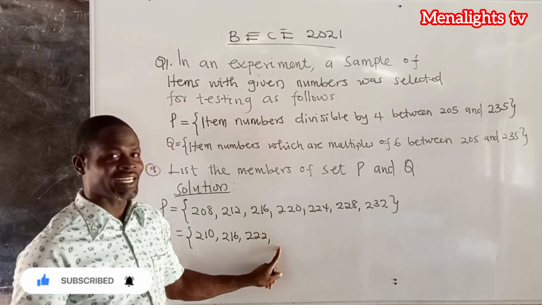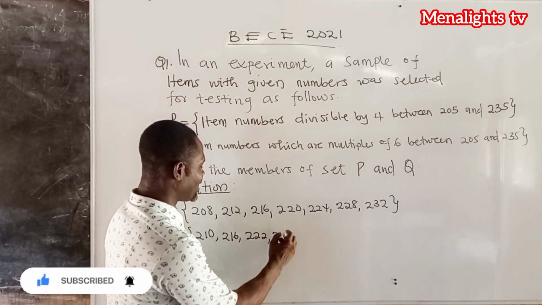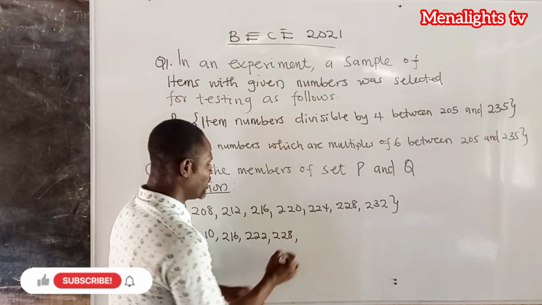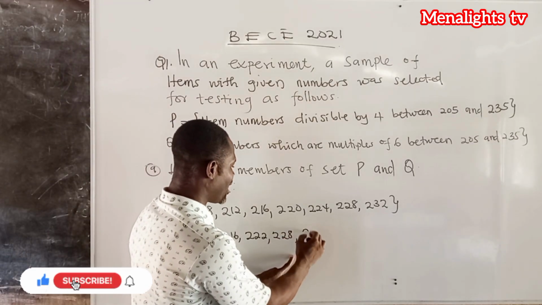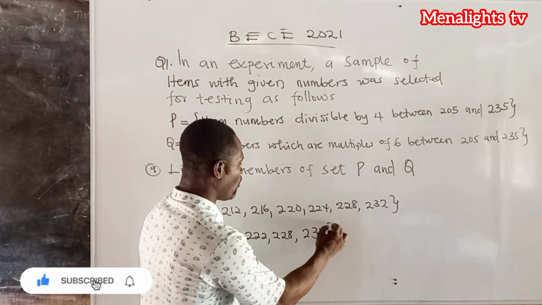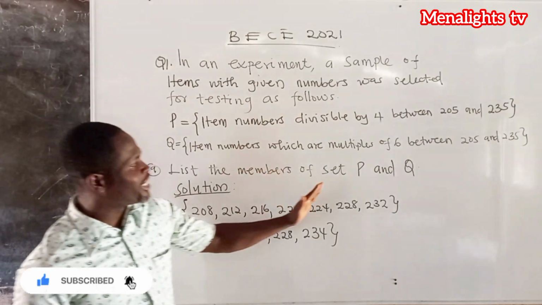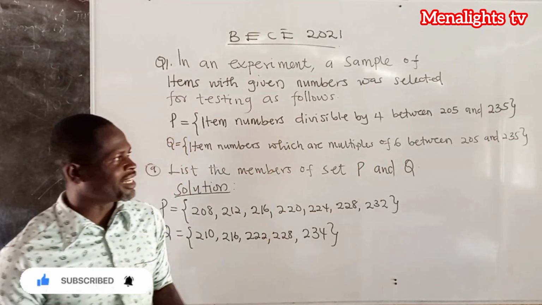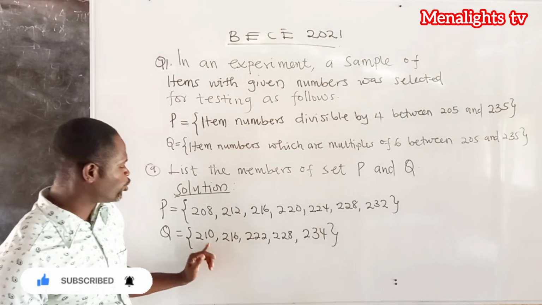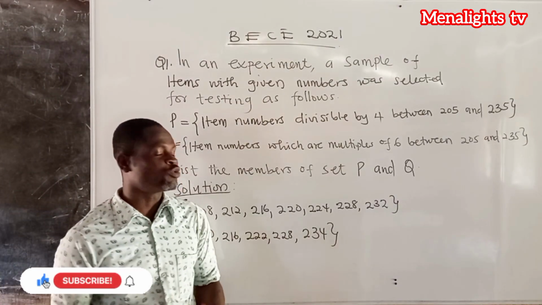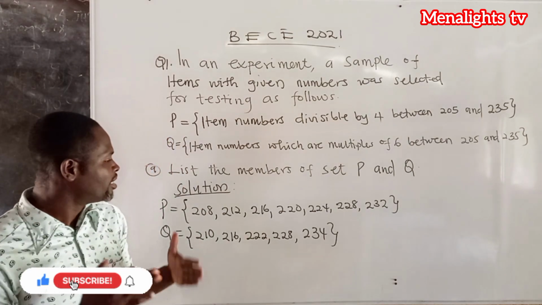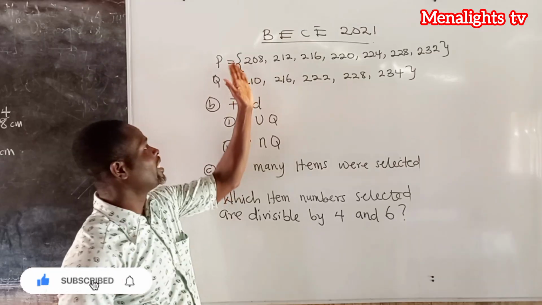Then the next one, plus another 6, 228, plus another 6, that will give us 234. So multiples of 6 between 205 and 235 are 210, 216, 222, 228 and 234. That is P and Q.